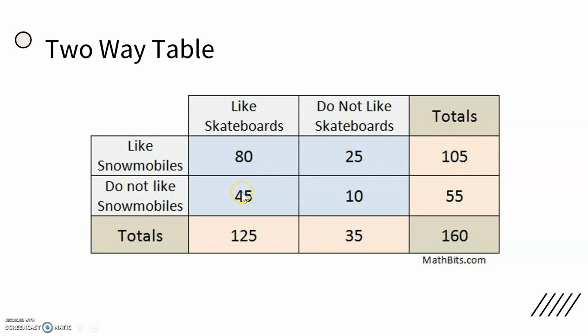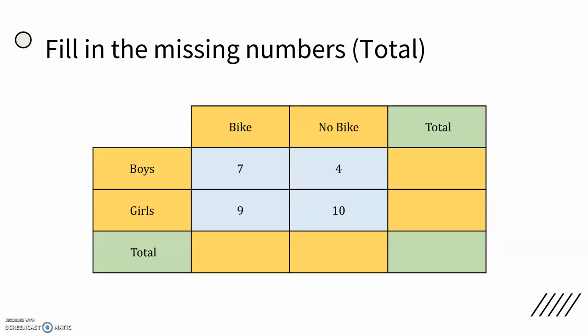Okay, and similarly, if we have a 45 and 10, if we add up, we'll get a 55 as our total. Now, vertical wise is still the same. Now, these two numbers, 80 and 45, will add up to 125. Okay, and all the totals will add up to the cell on the bottom right, which is sort of like the final point.